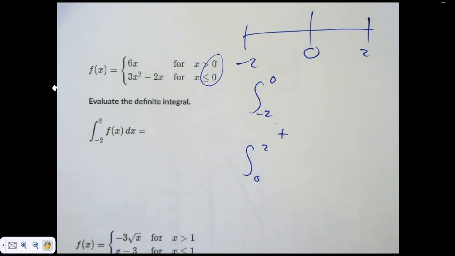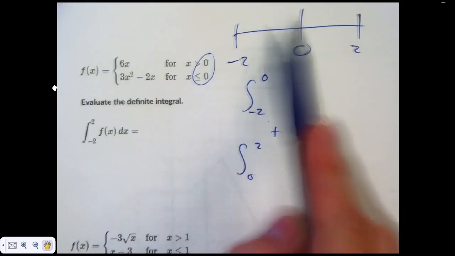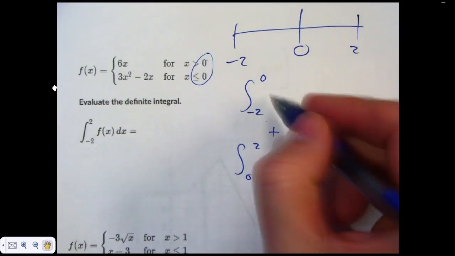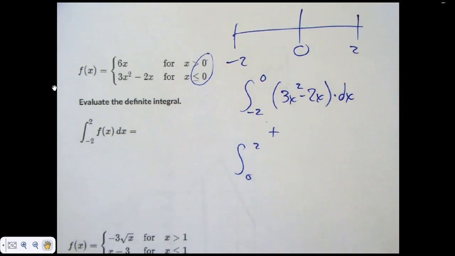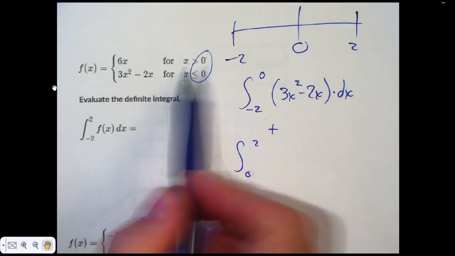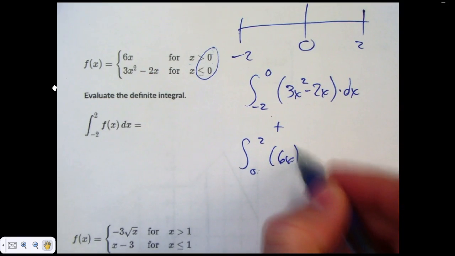The bottom, why? Because x is less than 0. So x is less than 0 matches up with the negative 2 to 0 portion. So up here, I'm going to integrate 3x squared minus 2x. And then the 0 to 2 fits in with the x is greater than 0 part. So here, I'm going to integrate 6x.